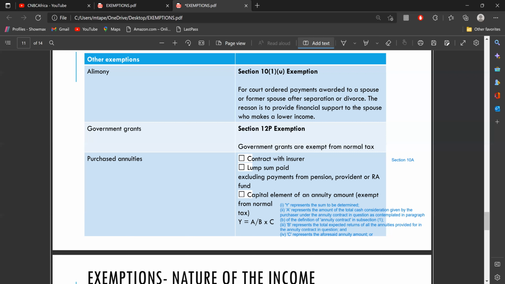And then B will represent the total expected returns of all annuities provided for. And then C will represent the aforesaid annuity amount. So guys, please check it out in Section 10A, so that if you come across a purchased annuity in a question, you are able to calculate the capital element of that annuity, which is exempt from normal tax.